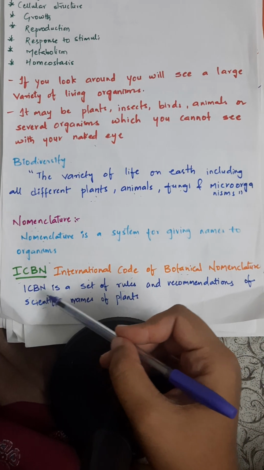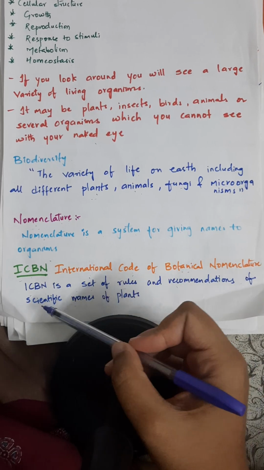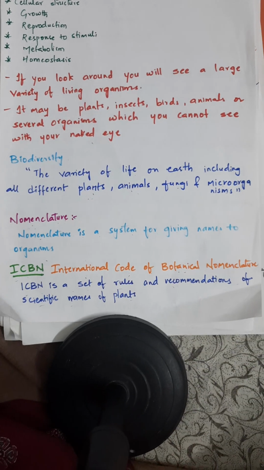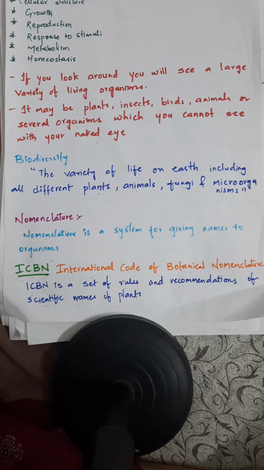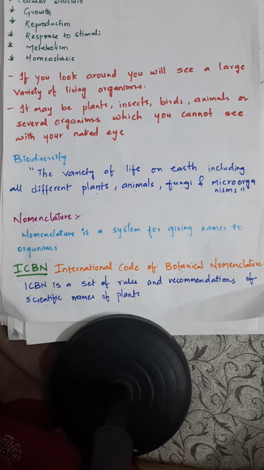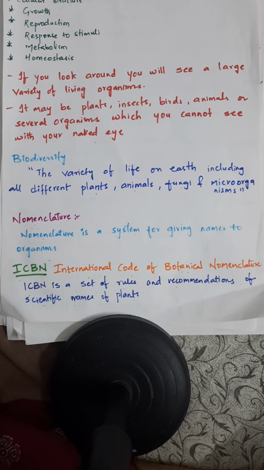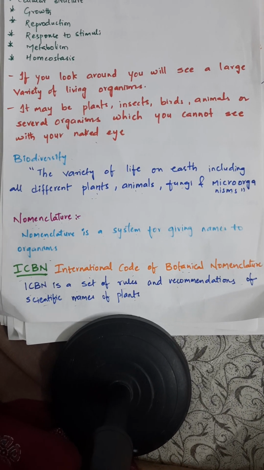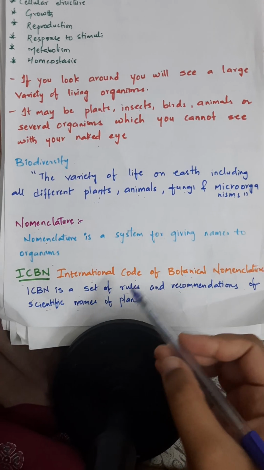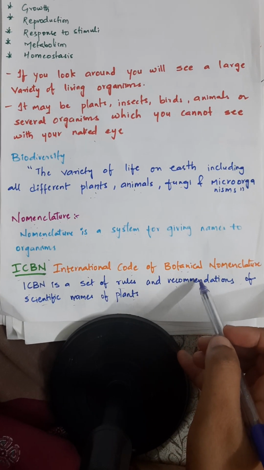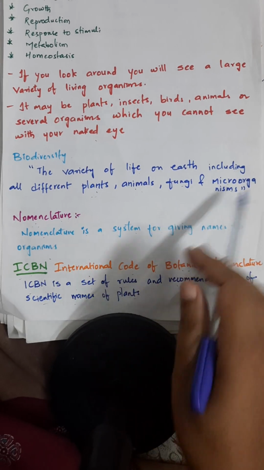It sets the rules and recommendations for scientific names of plants. Each organism, either plant or animal, should have a particular scientific name. So certain rules and recommendations are given by this ICBN to give a scientific name.